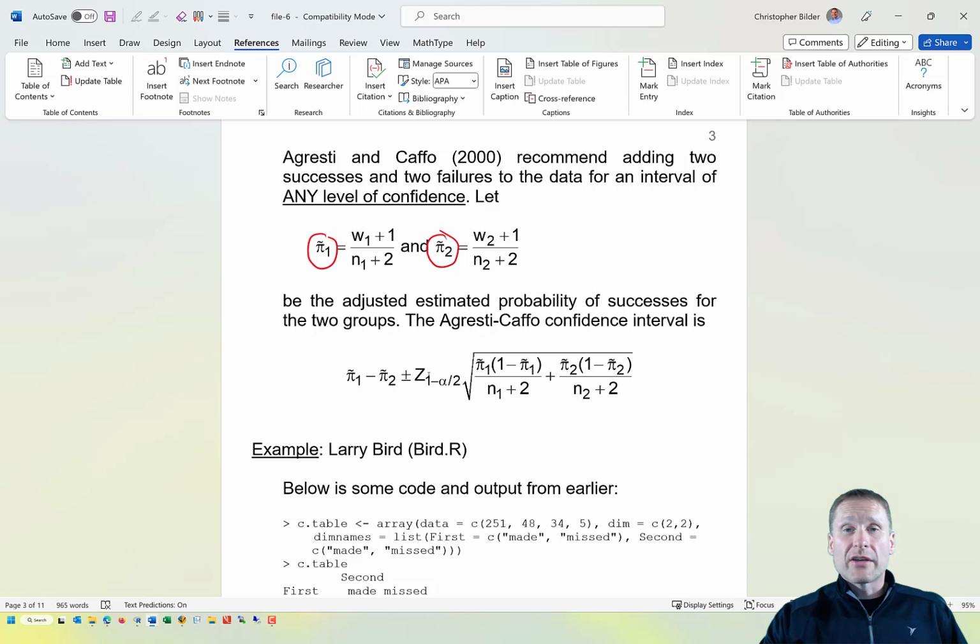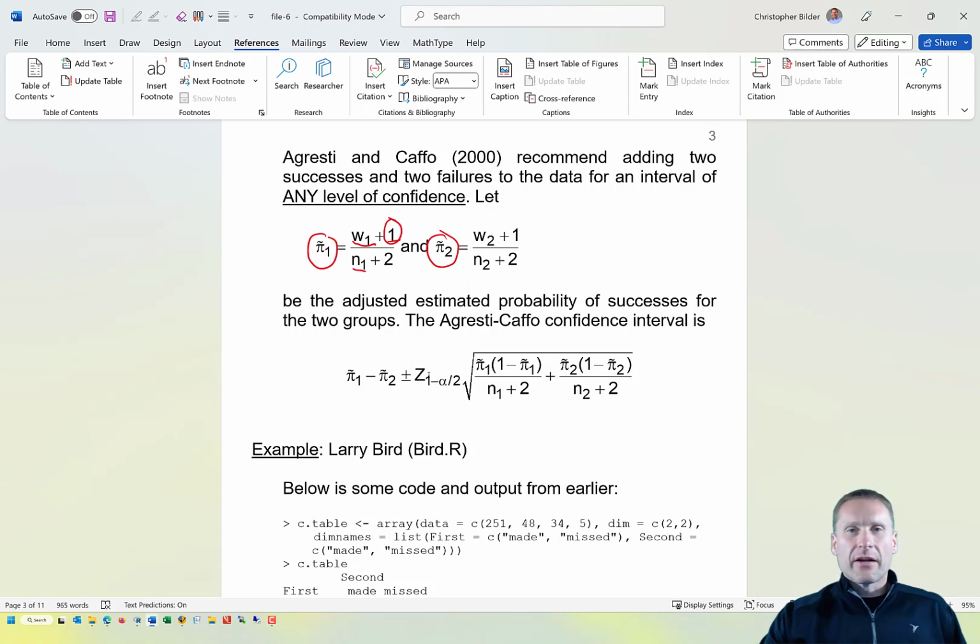Let's call these adjusted estimates pi tilde 1 and pi tilde 2. And look how we're making the adjustment. So W1 is the number of successes, you could say, for group 1. I'm going to add a constant, just 1. So notice what we had before with the Agresti-Coull interval. We didn't have a 1 here, but rather we had some quantile based upon the standard normal distribution. Now what Agresti and Caffo say, just put a 1 there instead.